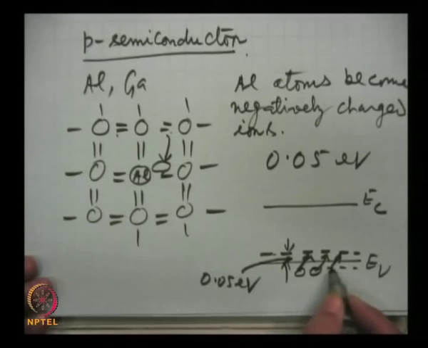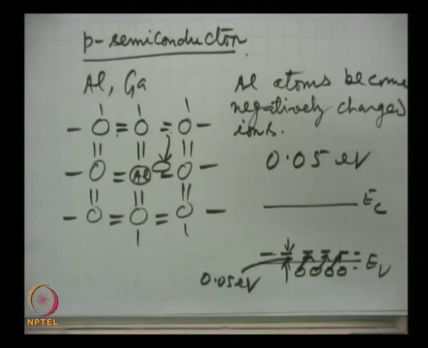they create holes here. Again, as I said in the case of the n-type semiconductor, each electron which was released from the fifth group impurity atom, the dopant, was in excess over the thermally generated charge carriers otherwise, as it happens in the intrinsic semiconductor.